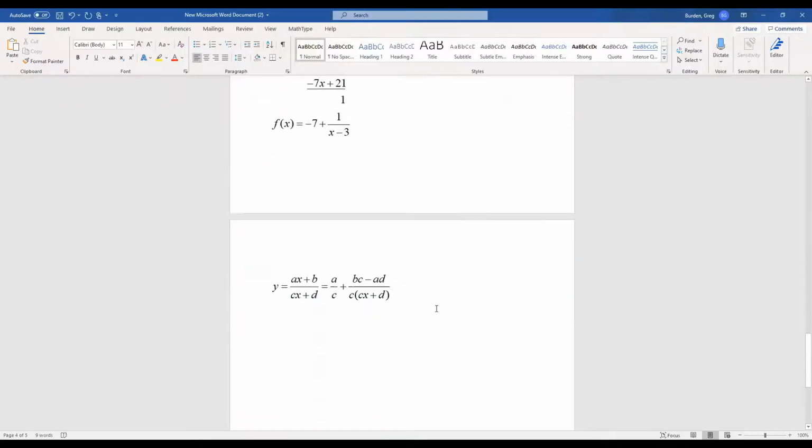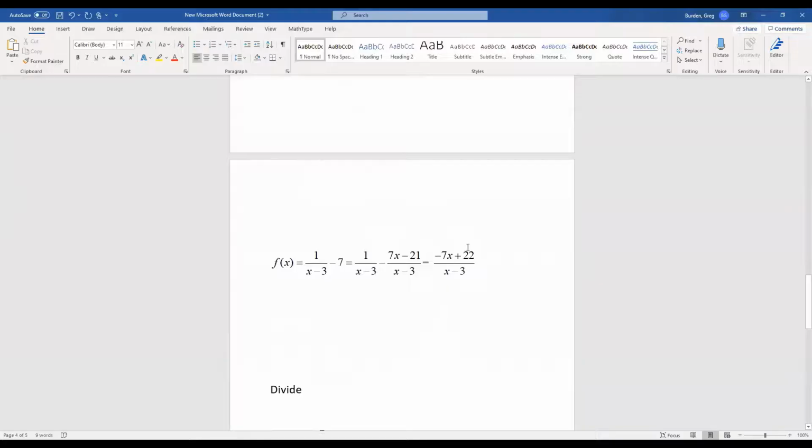Now, just generally, if you go back and look at what we've got here, we have a ratio of two linear expressions. Linear meaning that you've got x in there, but it's really just multiplication and addition or possibly subtraction going on. If you graph just negative 7x plus 22, that's a line. If you graphed just x minus 3, that's a line.